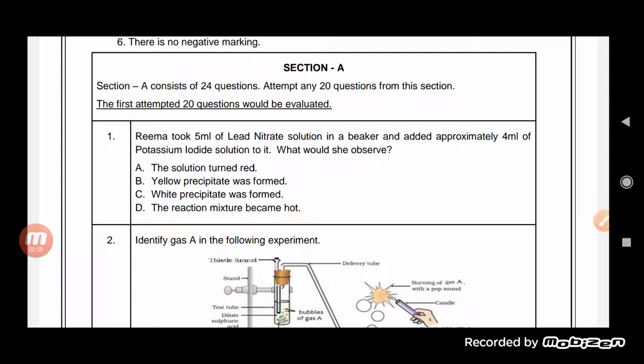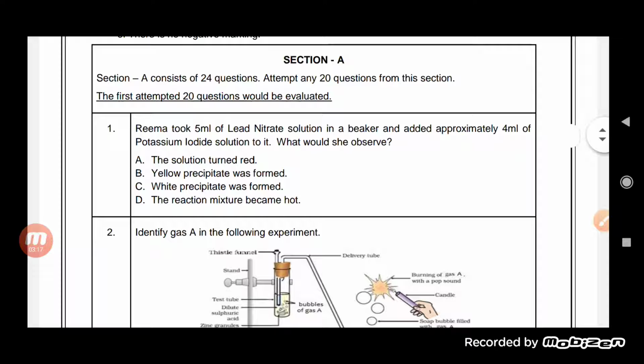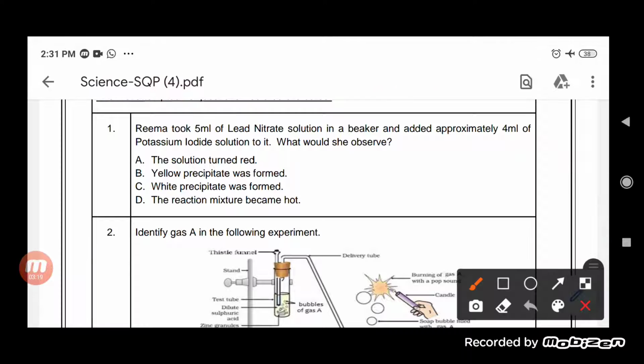Solution turns red: no, that is not correct. Then yellow precipitate was formed, white precipitate was formed, and the reaction mixture became hot. It is the yellow precipitate that is formed, so B is the correct answer, students. Yellow precipitate was formed.